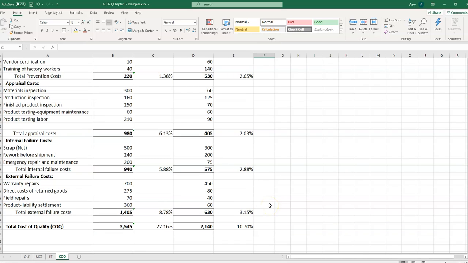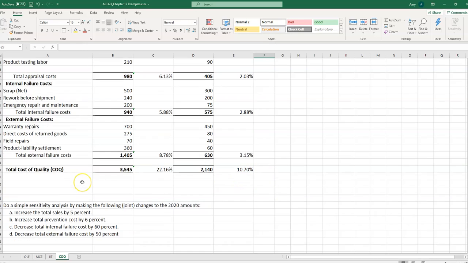We would hope that by training our employees, increasing money that we spend towards value engineering and certifying our suppliers, by making an investment in prevention, all of our other quality costs would go down. We would not have as much failure costs or need for extra inspections.